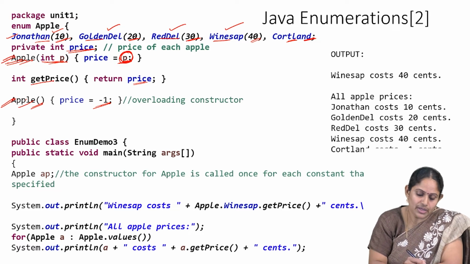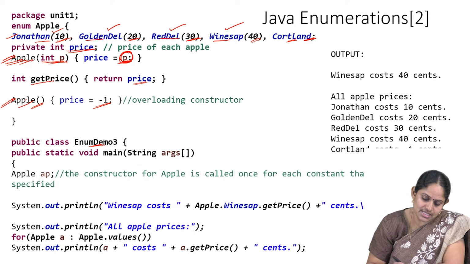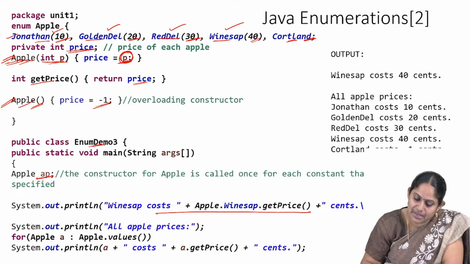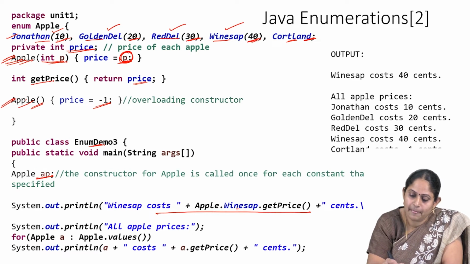Now inside the other class, we are creating an enumeration variable, and here we are trying to retrieve Winsap's price. So what is Winsap's price? Winsap's price is 40.